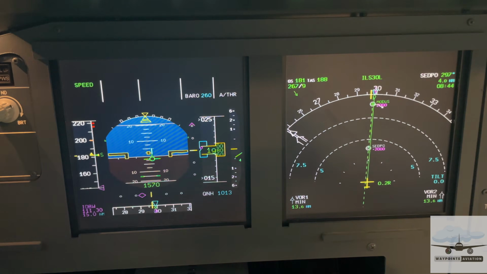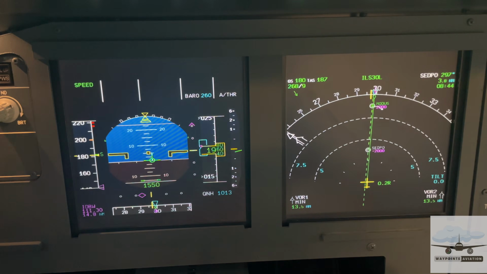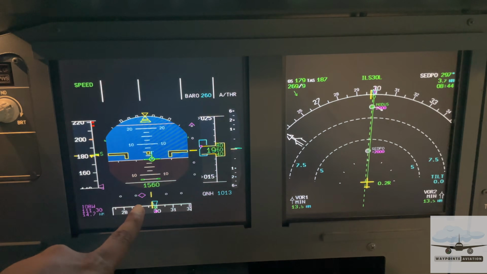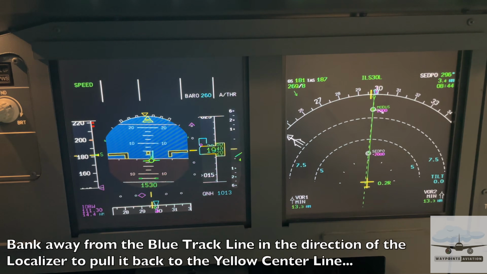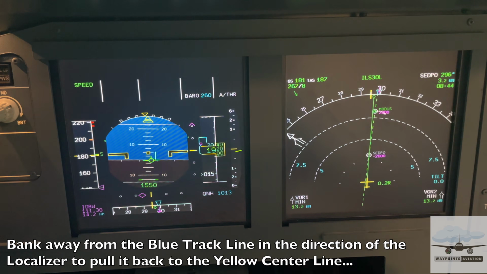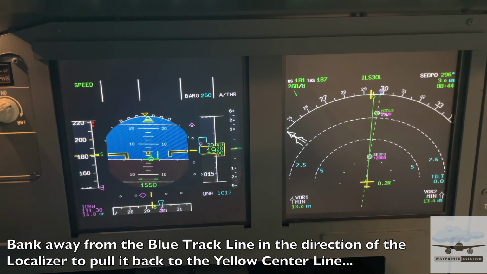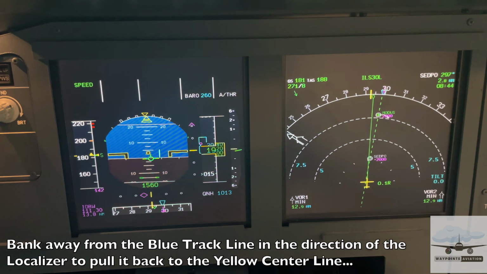Looking at this, I'm on my track, but the localizer is telling me that my runway is physically to the left. So all I have to do is now bank the aircraft very gently to the left, about a bird's distance away from the localizer. About that much, like the entire width of the bird, and then level the wings.